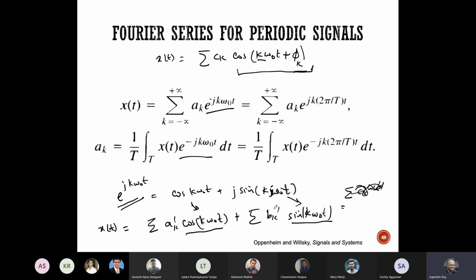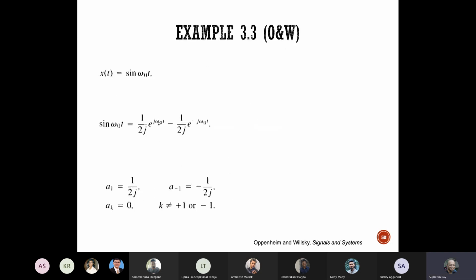So in this case, for a real signal like a sine, for example, I could have broken it down as two complex exponentials, one sitting at the minus frequency and one at the plus frequency. This is what I had shown a while ago. I guess it's been so long that you've forgotten.